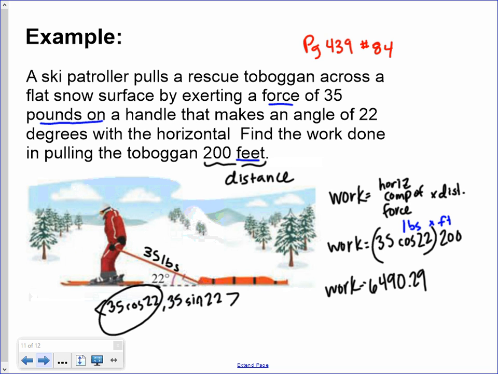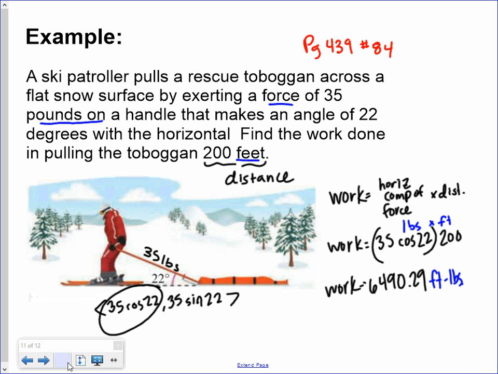So for our label, we call that foot pounds. I know that's not the nicest label, but all you have to do is read the label for my force, the label for my distance, and that's going to be my answer. If you wrote pound feet, that's fine. What we call foot pounds. Okay. Any questions that I can answer for you?